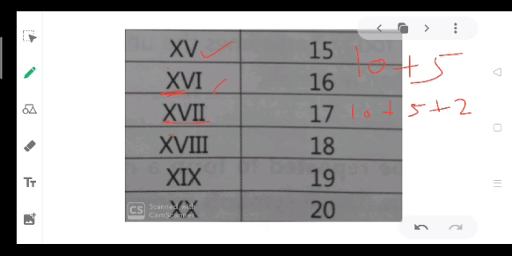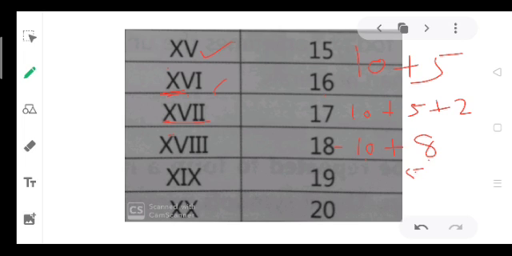So for not making any mistake, what you have to keep in mind is that whenever you convert into Roman numerals, firstly write the Hindu-Arabic numbers in expanded form. You will write their expanded form, then easily you can write in Roman numeral form. So 10 plus 8, now break up 8.